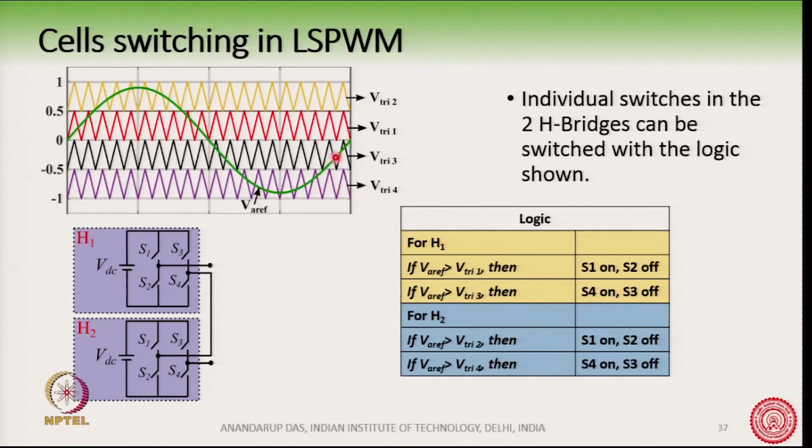So, these two outer triangles we will use. If we had another cell H3, then we would have used 2 more sets of triangles, one here, another here, and of course, the modulating wave will increase.